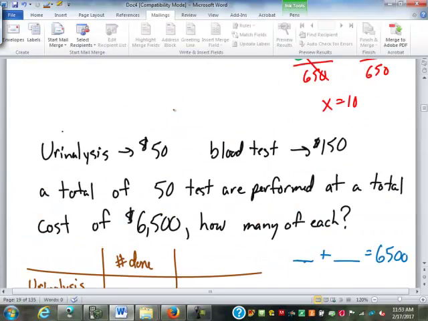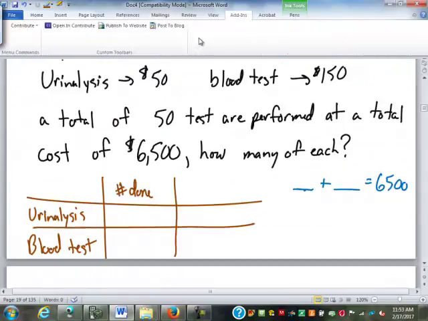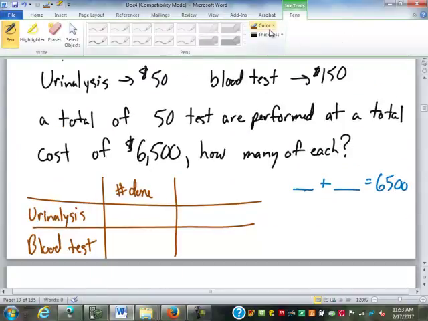So since there's 50 total tests done, we're just going to pick one of the numbers to be represented by X. So we're going to let X be the number of urinalyses that are done. We could have picked blood test and we'll get the same result. Now that we know that X is the number of urinalyses that were done, we're going to use the fact that there were 50 total tests completed to express the number of blood tests. We would subtract the number of urinalyses from 50 to get the number of blood tests. So the number of blood tests performed is just 50 minus X.